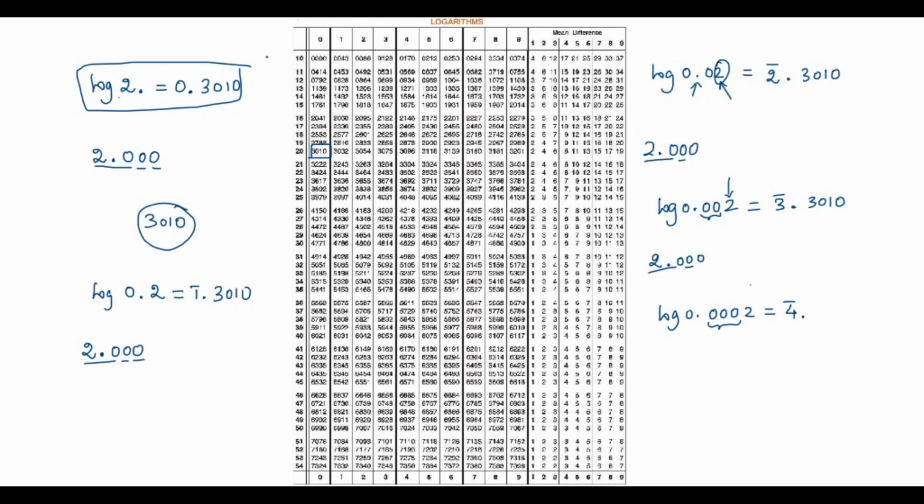Now we consider only the non-zero digit in the given number, that is 2, and after this 2 we take a decimal point and some zeros after the decimal point. Now in the logarithm table, 20th row, 0th column, I get 3010. So the value of log 0.0002 is equal to bar 4.3010. This is how we get the logarithm of a single digit number in the logarithm table.